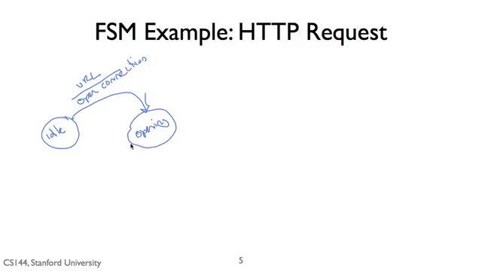Well, let's say that the connection doesn't open. Let's say that the connection fails, the URL is bad. We're going to go back to the idle state. So the event is connection failed. We'll go back to the idle state, and we will clean up the connection.